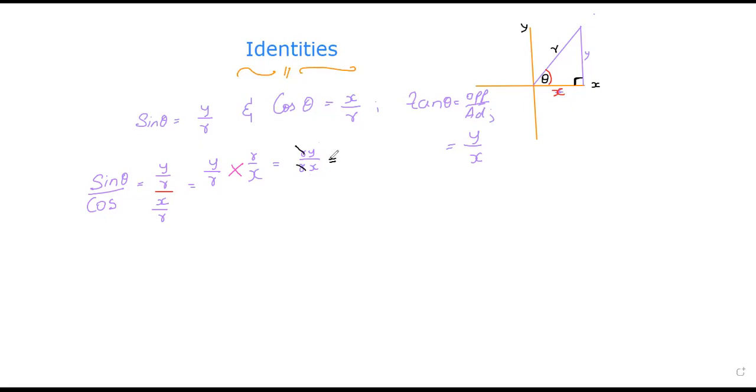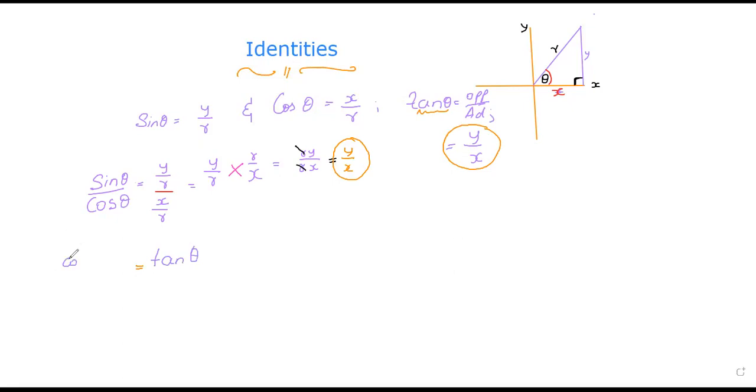You remain with Y over X. But you look on the far right, Y over X is the same as the tangent of theta. Therefore, you can say the sine of an angle divided by the cos of the very angle is equal to the tangent of the very angle.